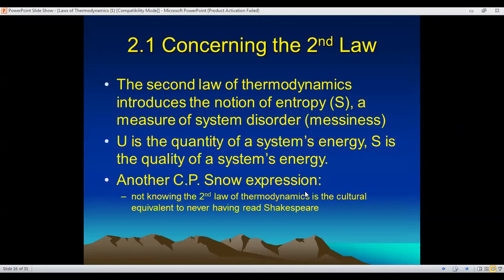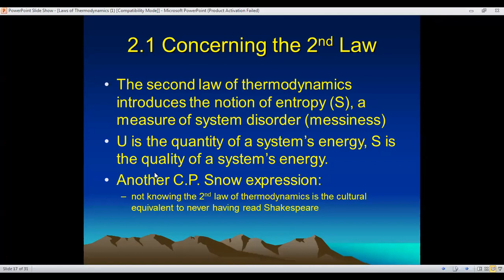Okay, students. Next, the second law of thermodynamics introduced the notion of entropy S, a measure of system disorder. U is the quantity of the system energy and S is the quantity of another system energy.